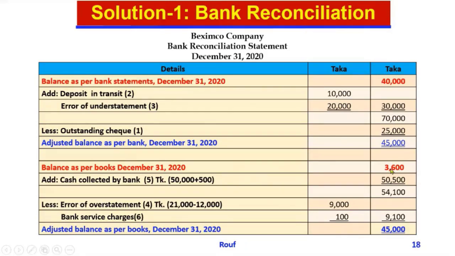And here 3,600 plus 50,500, total 54,100, less 9,100 equals adjusted balance as per book or company December 31st, 2020, টাকা 45,000.